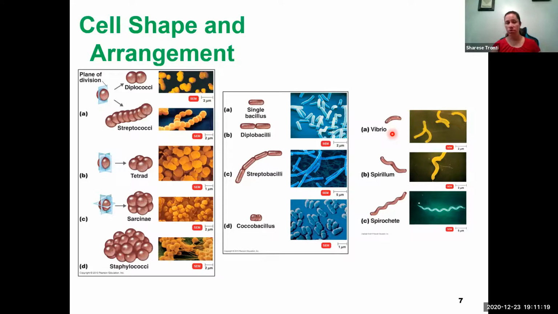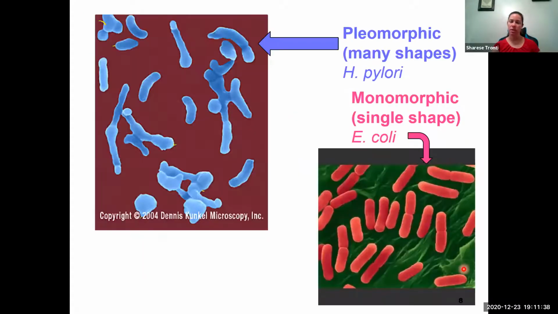For the spiral shapes, we have vibrio. It's just a curve. It's one that's curved. Spirillum just has 1 or 2 twists in it, and spirochete has lots. So those are cell shapes and arrangement.